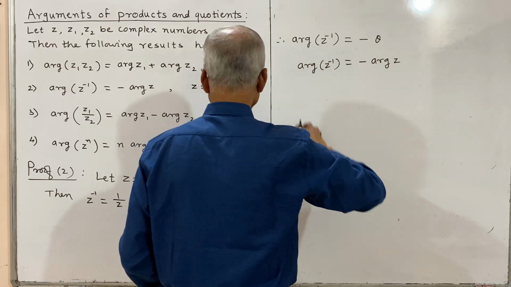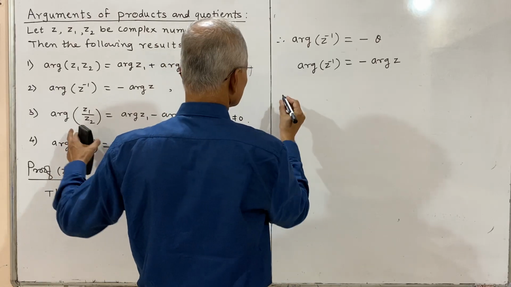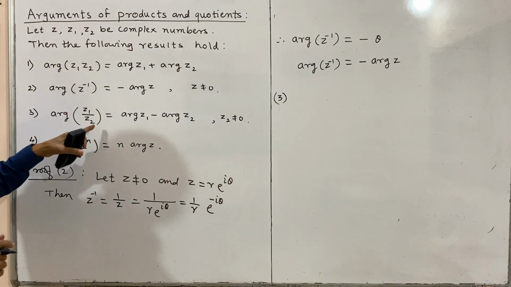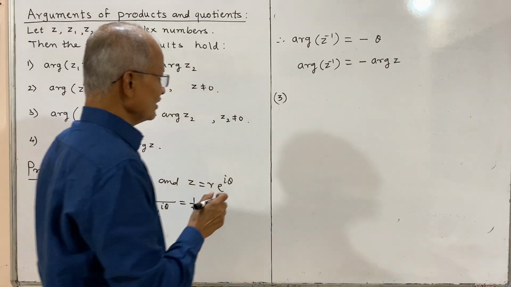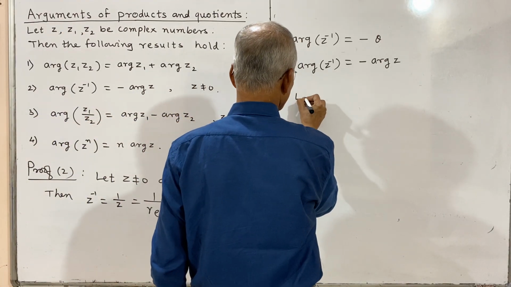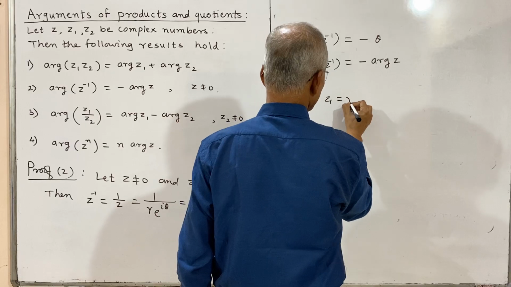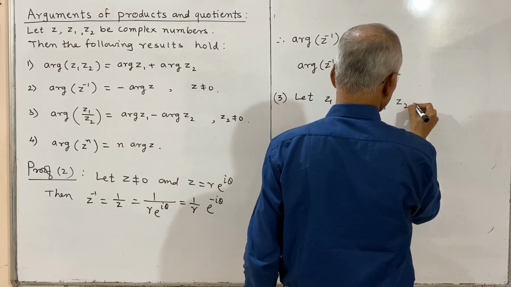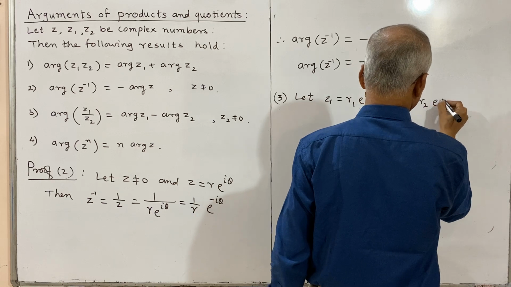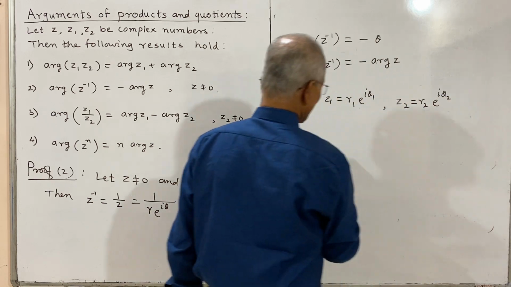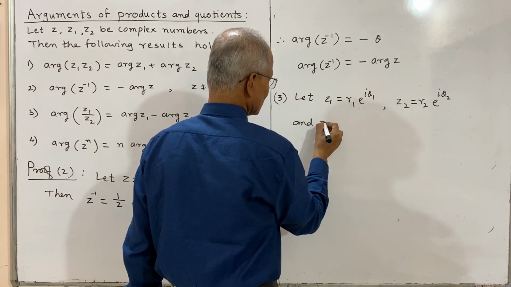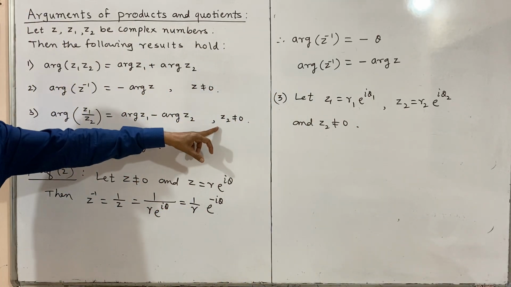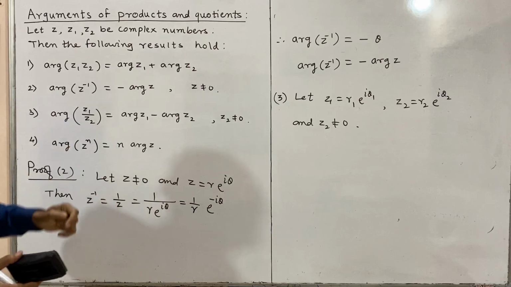Now we shall consider the third result, argument of z1 by z2. Again here we shall suppose z1 is equal to r1 e power i theta 1, z2 is equal to r2 e power i theta 2, and z2 is not equal to 0, because we are taking a quotient and this is necessary, non-zero at the denominator.